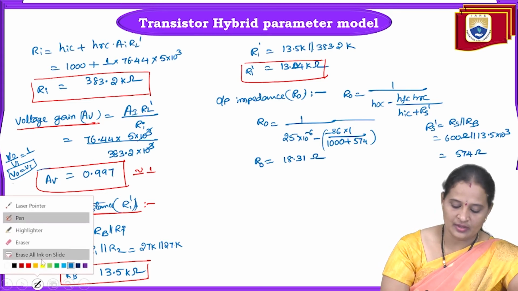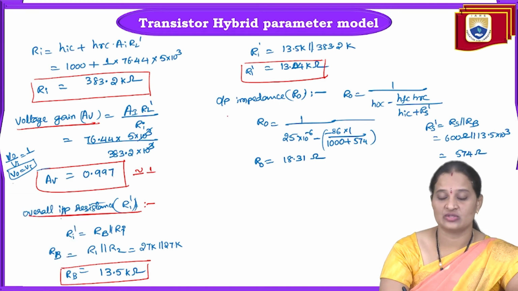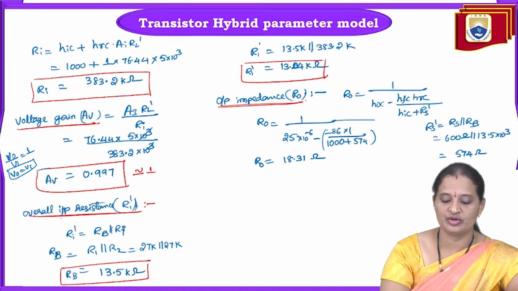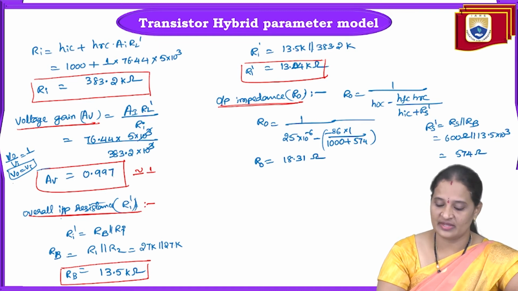Here we already know the characteristics of the common collector amplifier, that is input impedance is very high and output impedance is very low.